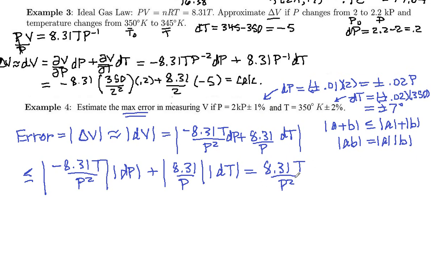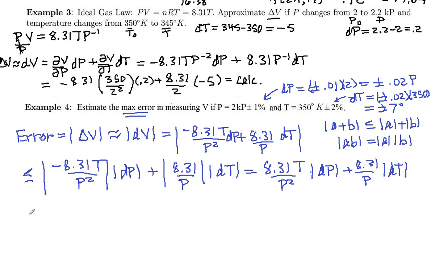So these are positive, and then we need to leave our absolute dP inside absolute values, and then these are both positive, so we can drop absolute value, 8.31 over P, and then we'll leave that inside the absolute value. So dT.